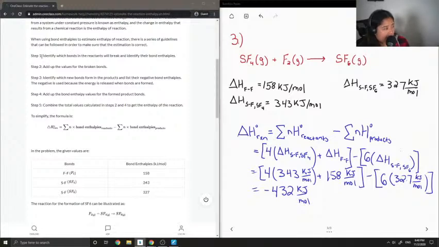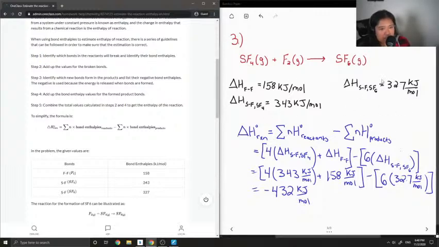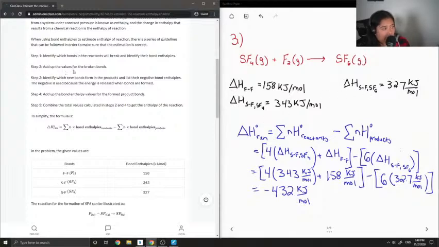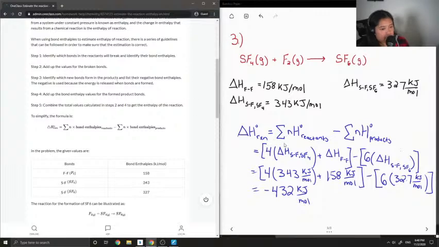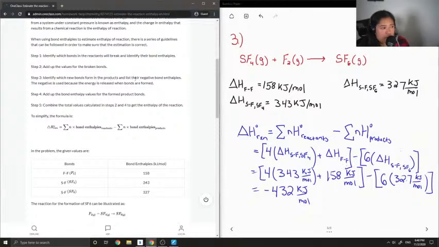Step 1 is to identify which bonds in the reactants will break and identify their bond enthalpies. So that's what we did here in the black. Step 2 is to add up the values for the broken bonds. So that's what we did in the first part of this equation here. And then we want to identify which new bonds form in the products and list their negative bond enthalpies.